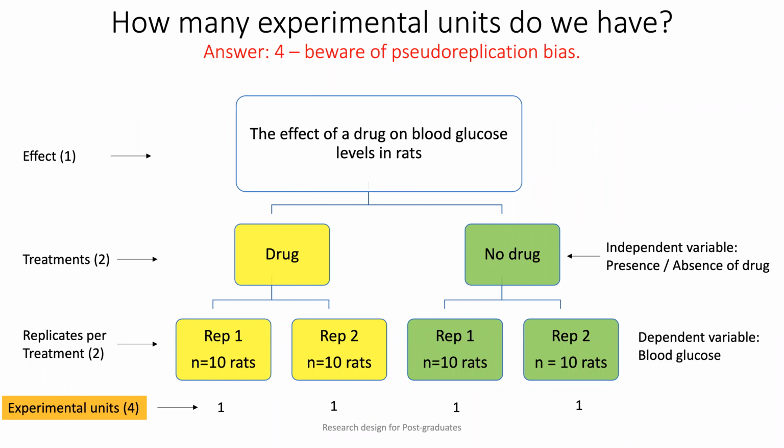Because the 10 animals that are kept under the exact same conditions, in the exact same housing, for example, in one environment, their values would have to be averaged before you can continue with the analysis.